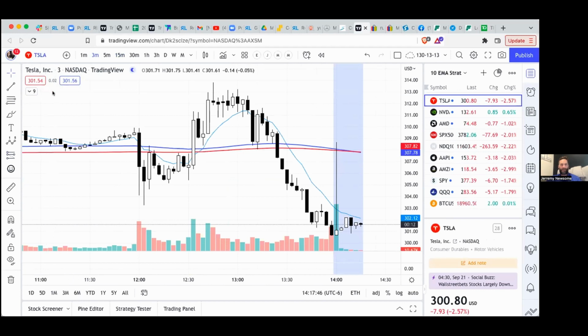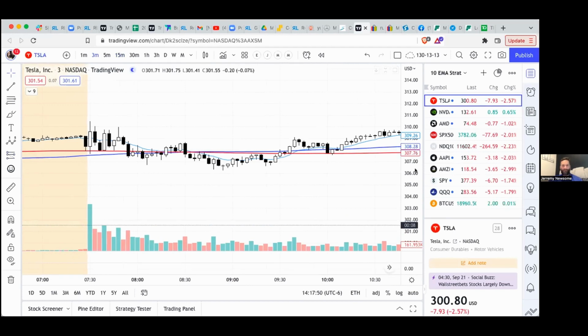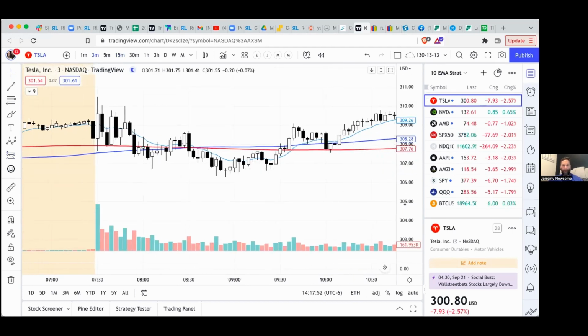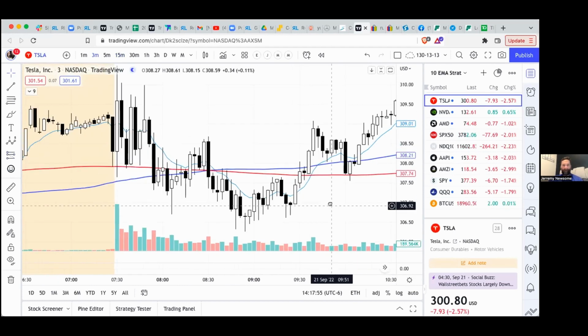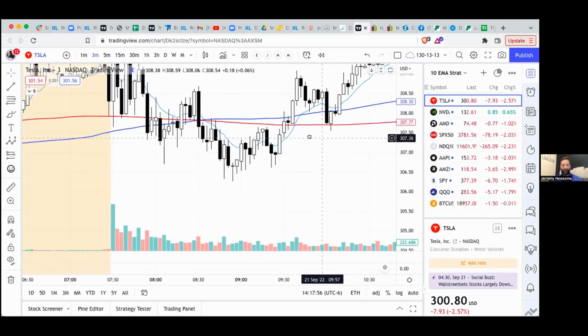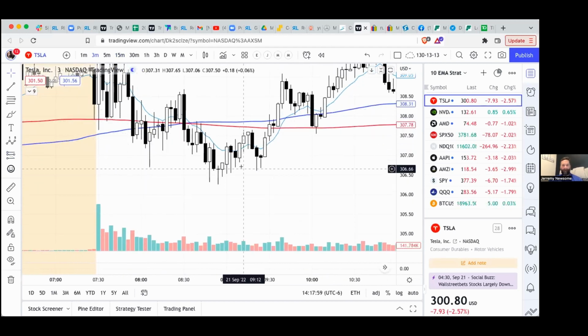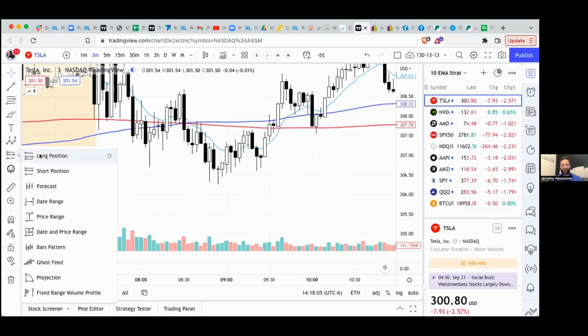I love hindsight trading. It's the best. I like this. Inverse head and shoulders happening, kind of a double bottom. Long right there would have been nice.